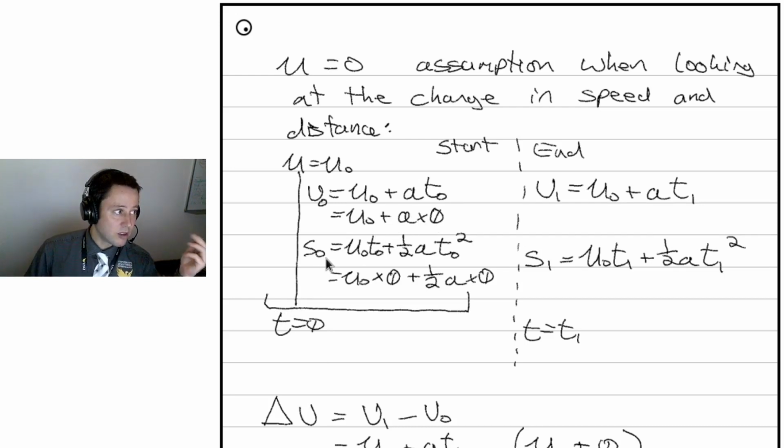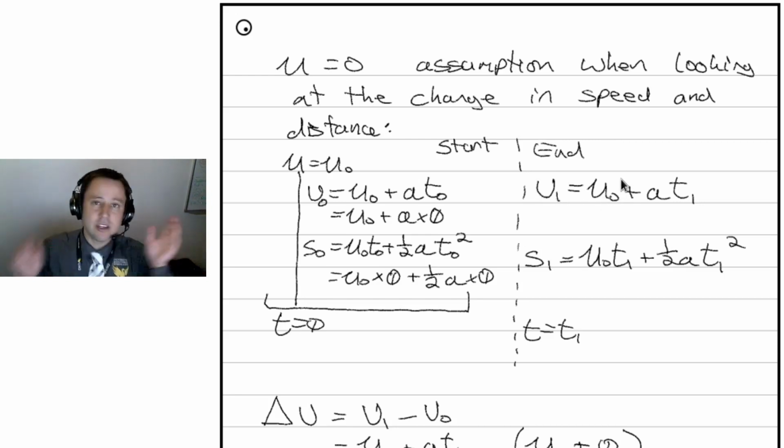Same with our initial displacement. Initial displacement is u naught, like our initial velocity, times our initial time, plus half a times initial time squared. But our initial time is 0, so that all works out to be 0. At the end of 4 seconds, or the end of a period of time, our new velocity, v1, is equal to our initial velocity. The initial velocity doesn't change. It's always the velocity when we started to accelerate.